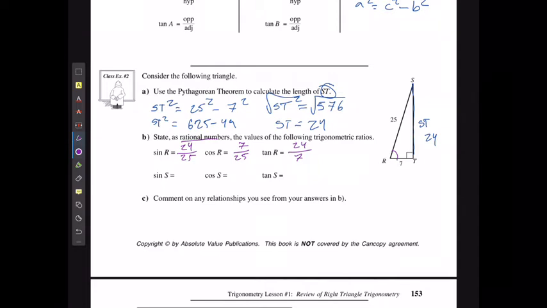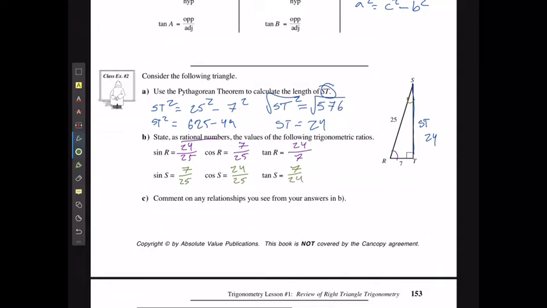If I am doing the same thing for S, then suddenly the sine becomes 7 over 25, and cos becomes 24 over 25, and tan is going to be 7 over 24.